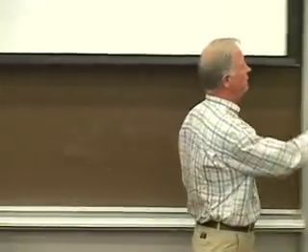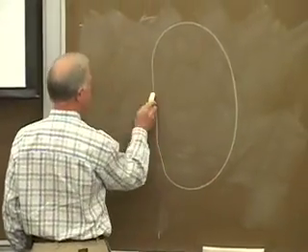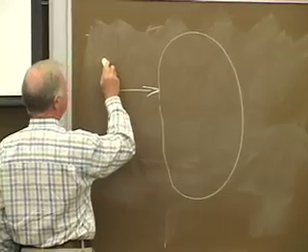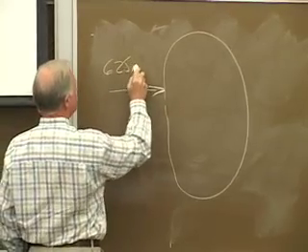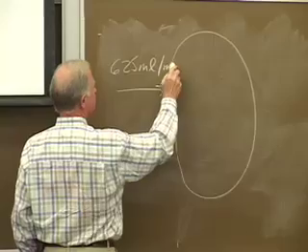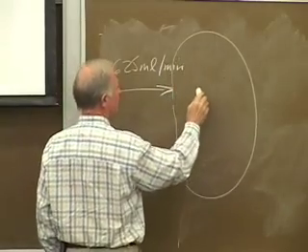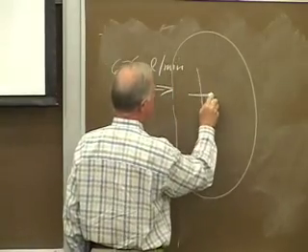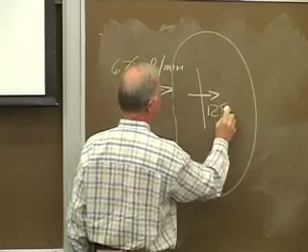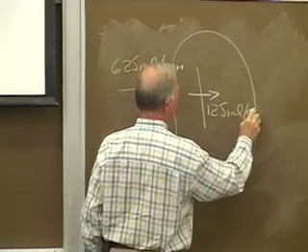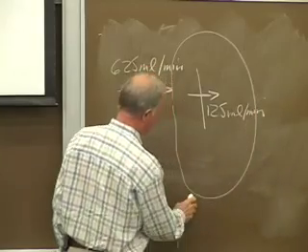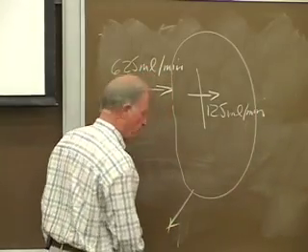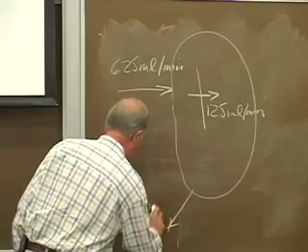So if you have the kidney, and you're putting in 625 mLs per minute of plasma, and you're filtering 125 mLs per minute of that plasma, and you've got another stream coming out here, which is 1 ml per minute.